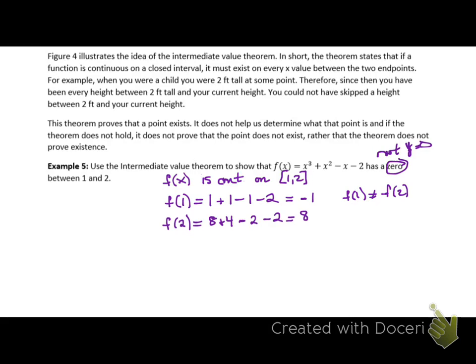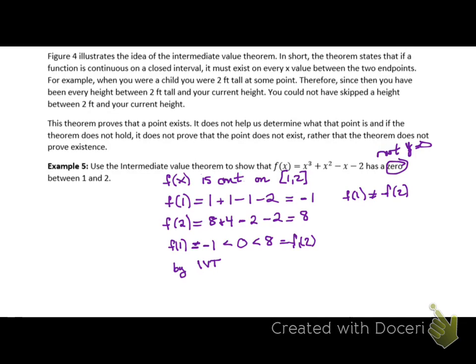So now I can say that because f of 1, which is -1, is less than 0, which is less than 8, which is f of 2, by the intermediate value theorem, and you're allowed to abbreviate IVT.